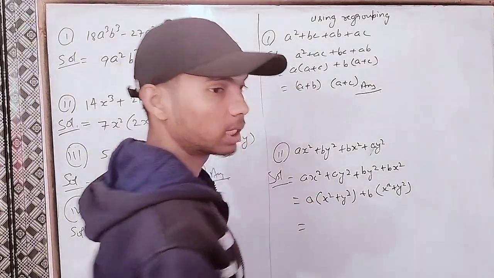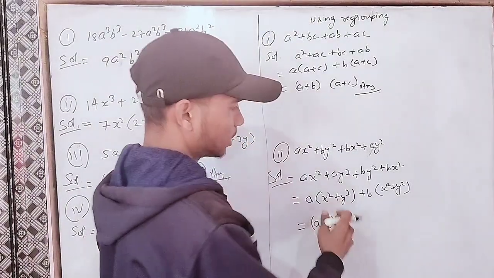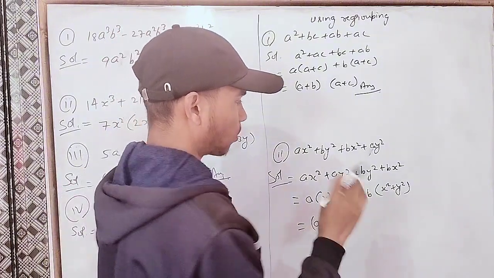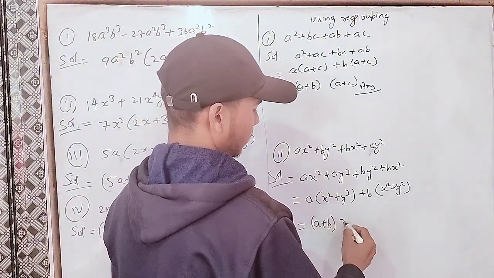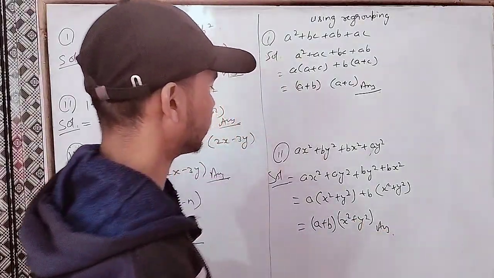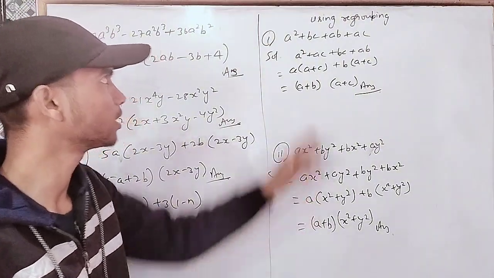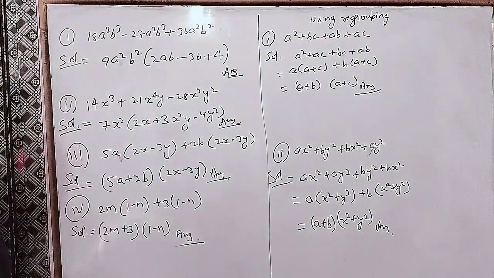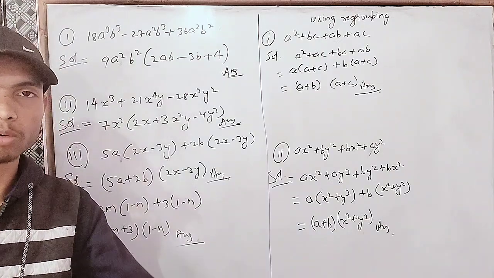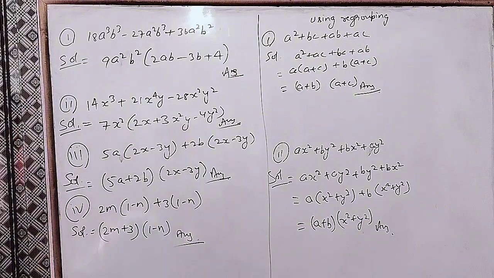Whatever we have outside, we will write, and inside the bracket we have 2, which is common, so we will write only one time. Here, this is the answer. This is a way to factor, but the method is the grouping method. In the previous case, we were using the common factor. Okay. Are you able to understand it?